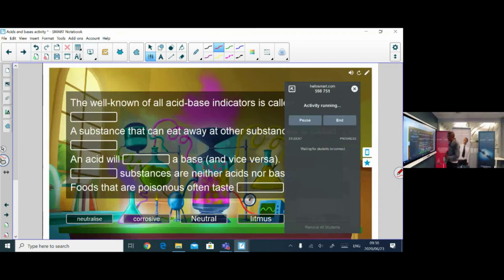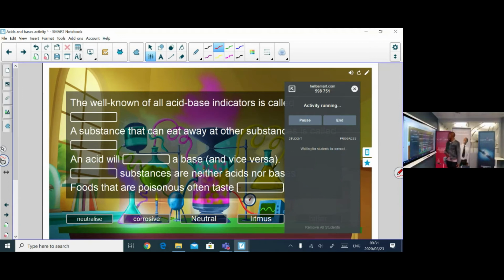As we did in the earlier activity, we're going to choose from the list of given words to fill in the blanks in our questions. So we have this well-known acid-base indicator of all of them, and we need to identify what it's called.